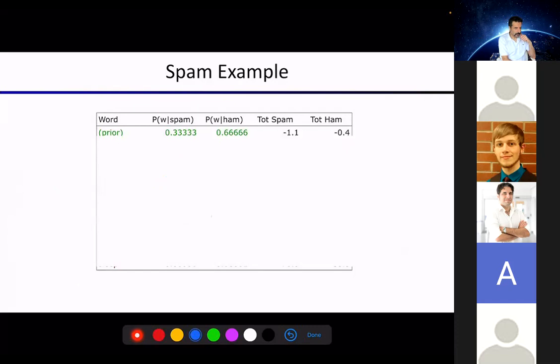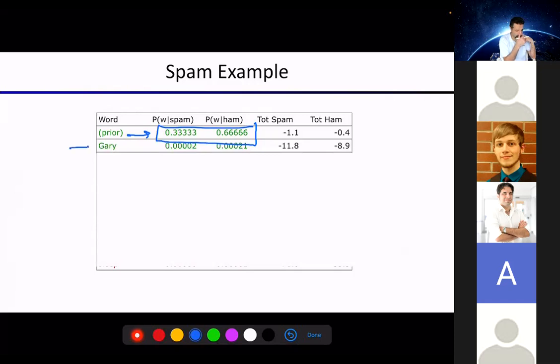And you start with your prior. Prior tells that, without really seeing any data, this is what you can rely on. Most probably, this is going to be a benign text rather than spam. And then you see one word in your text, Gary, for example.